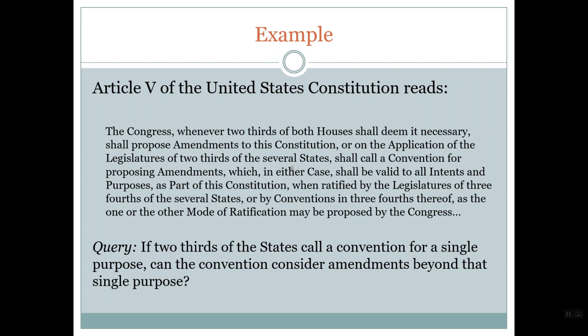So the question is, and it's a very common question, it's been raised in every effort to use the Convention of States process. The opponents of whatever the amendment happens to be raise the specter of a runaway convention: that as soon as you call a convention, the convention can do whatever it wants, and nobody can control it, and bad things can happen.